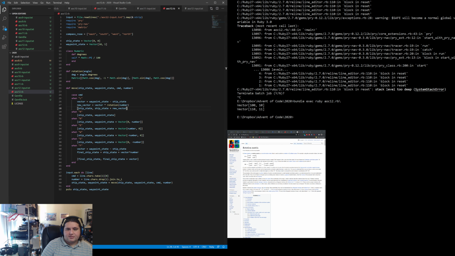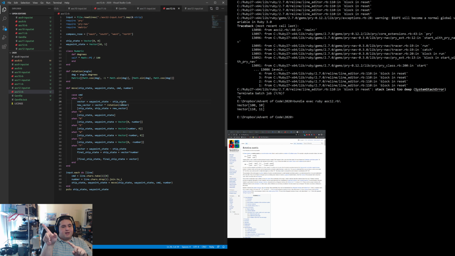And right, so if you're doing array math, by the way, order matters. So the rotation matrix comes first, and you multiply that by the vector that is the position. So we've got the vector that represents the difference between the waypoint state minus ship state. So it points in the direction from the ship to the waypoint.